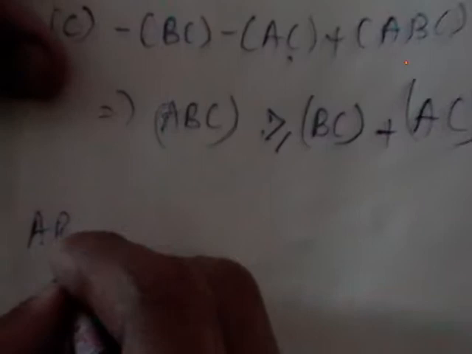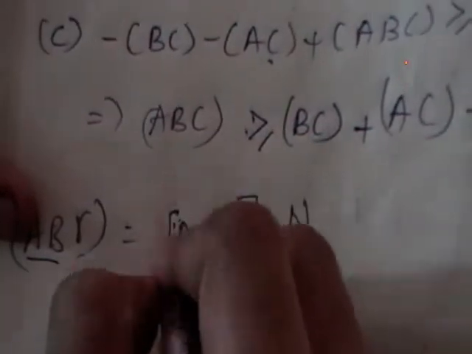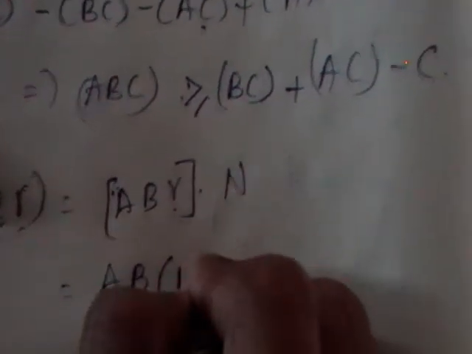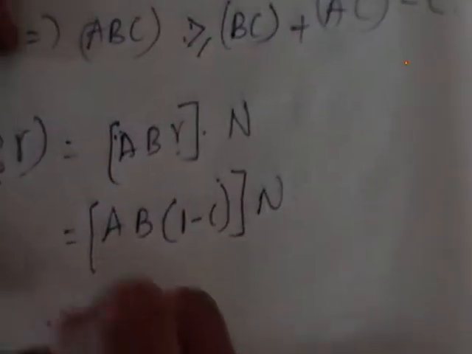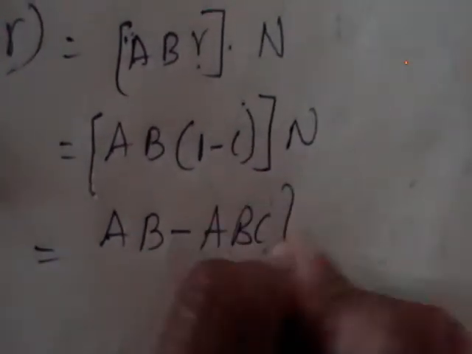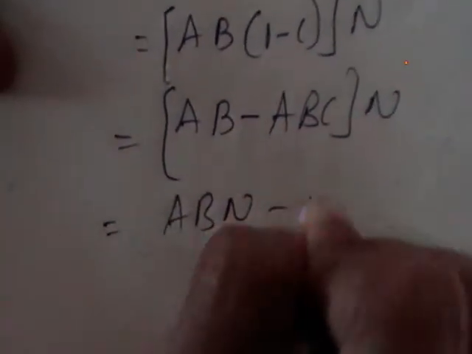A, B, gamma, which is a negative class, as these two are positive and the other negative, with similar steps: A, B, gamma into capital L. A, B you write as it is, this gamma can be written as 1 minus C into N. If you multiply, AB minus ABC into N, again ABN minus ABCN.